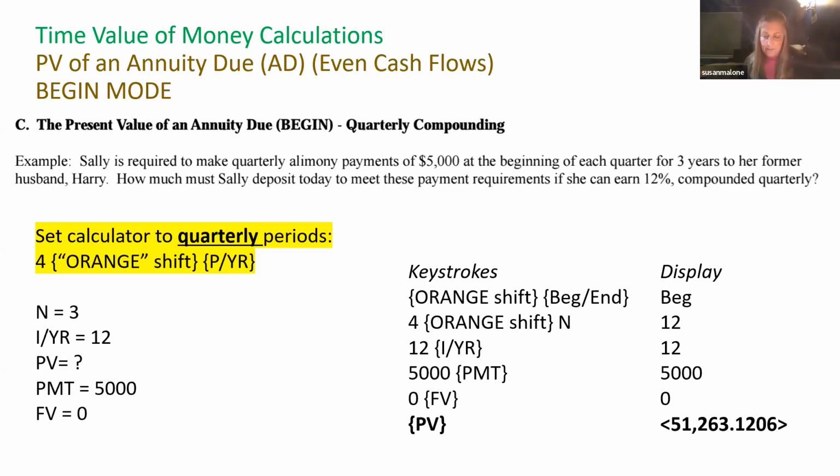Sorry to interrupt, but when I put 4 orange shift N, I get 16, not 12. I think it should be 3 orange shift N. Oh, so I told you I might have a typo. There we go, and there's my typo.